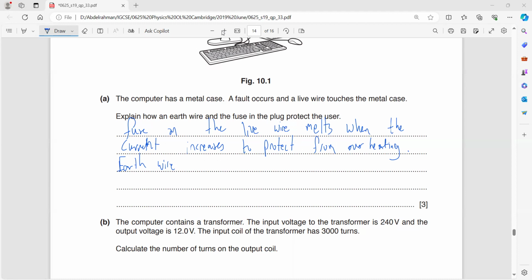Why? Because it is connected to the metal case.